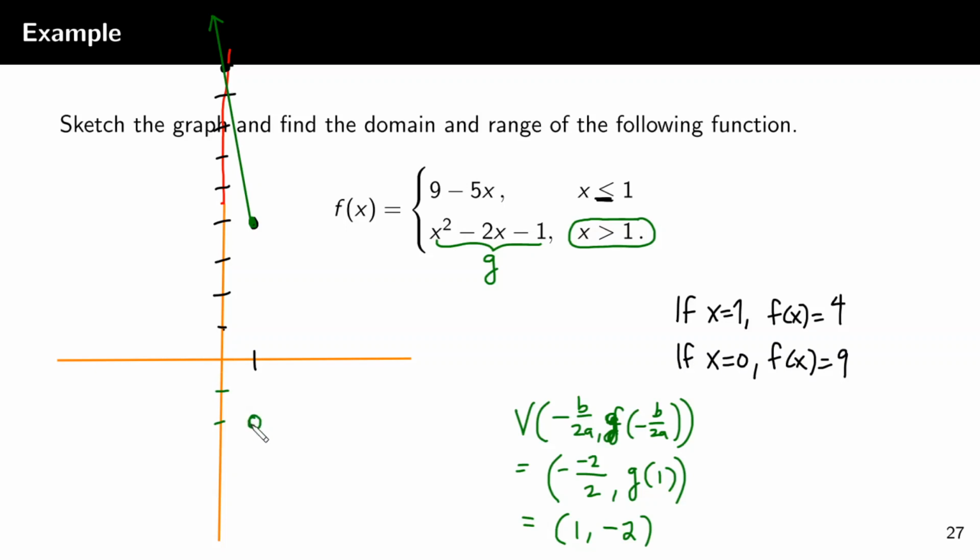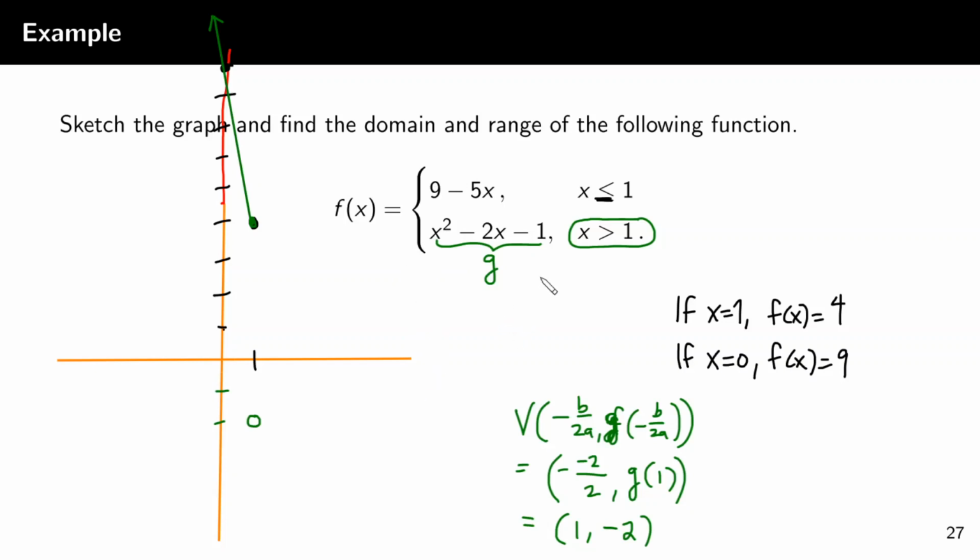And in the first place, kung gagawin natin siyang part ng graph, hindi na to graph ng function because it will fail the vertical line test. So let's keep that hollow. And then yung a natin, which is 1, is positive. So our parabola opens upward.